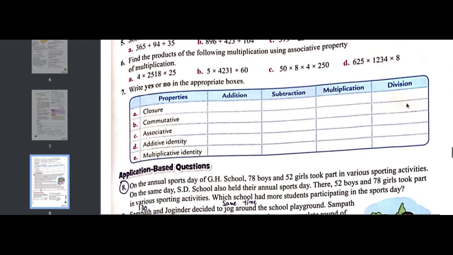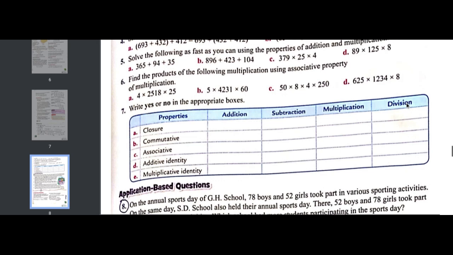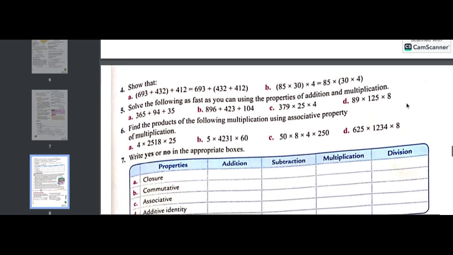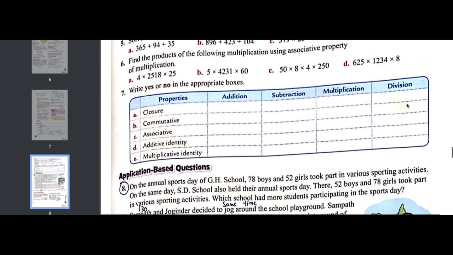Yeah. And 3 divided by 1 is, let's just check. Can you check the rule of additive identity in subtraction and multiplication and division, then the multiplicative identity for each of them, then you can write the yes and no. Okay. In multiplication, it is yes.